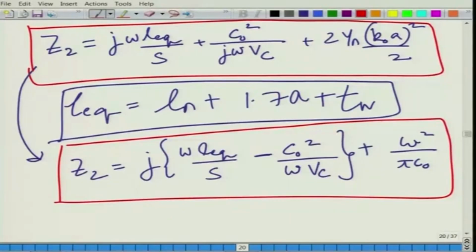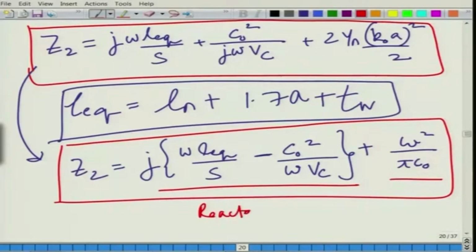So, clearly the impedance has a real part and imaginary part, A plus iB or A plus jB. So, this is reactance, this is resistance. So, again we are introducing some of the concepts as we go on the go.